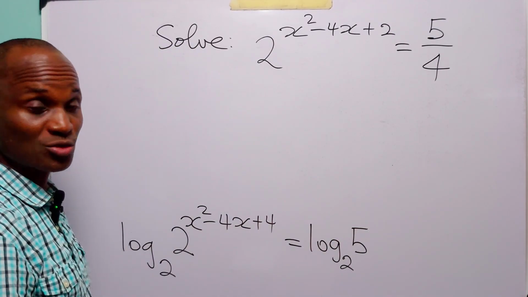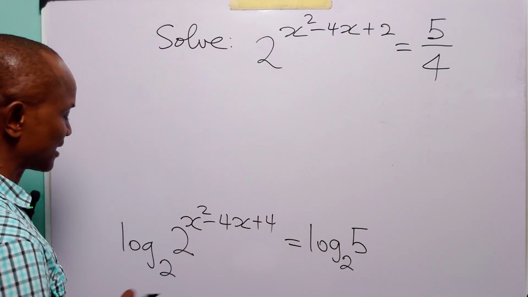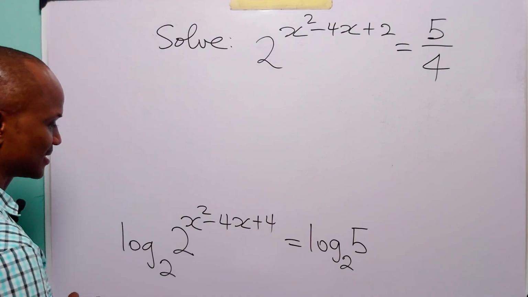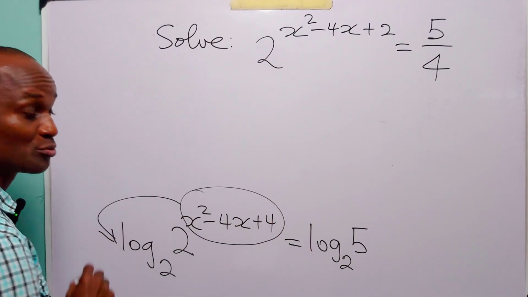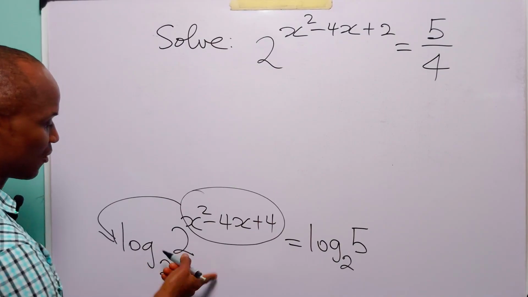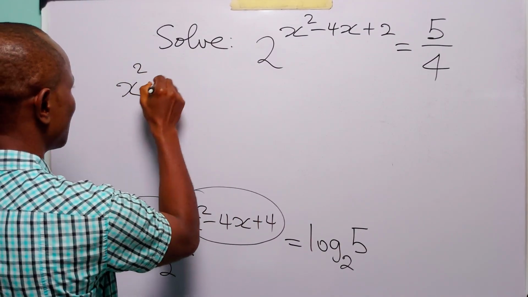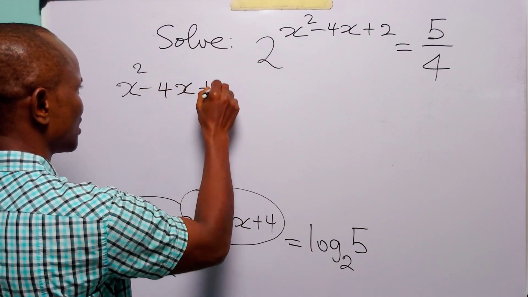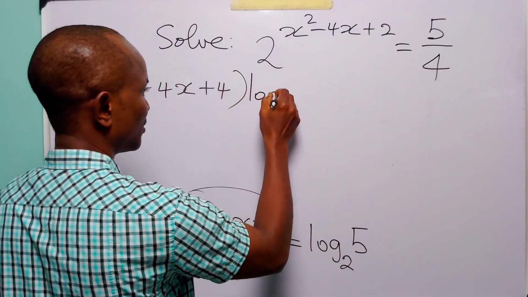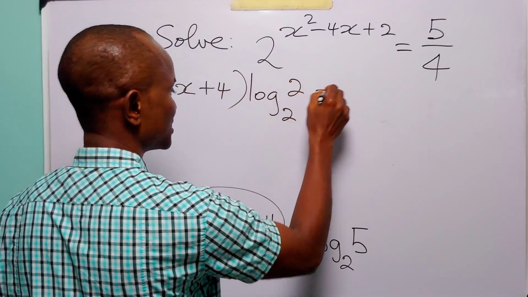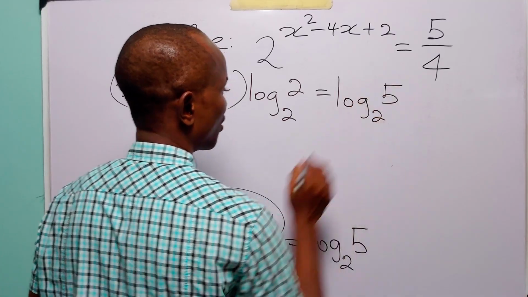Now, the next thing we are going to do is to apply the power rule of logarithms. That is the rule that says that when we have a log term like this, we can bring down this exponent to the front to become a multiplier. When we do that, we have x squared minus 4x plus 4 times log to base 2 of 2 is equal to log to base 2 of 5.